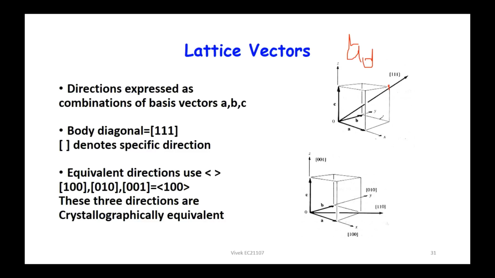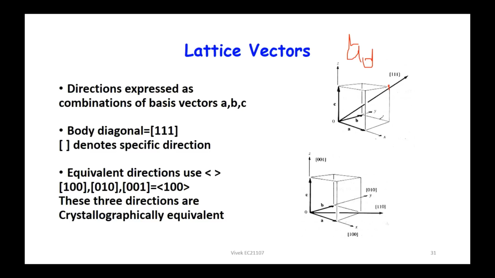So [100] along the x-axis, [010] along the b vector or y-axis, or [001] along the z-axis or c vector. They are equivalent, so they can be described by the triangular bracket <100>. So this triangular bracket <100> describes all these [100], [010], [001] directions.